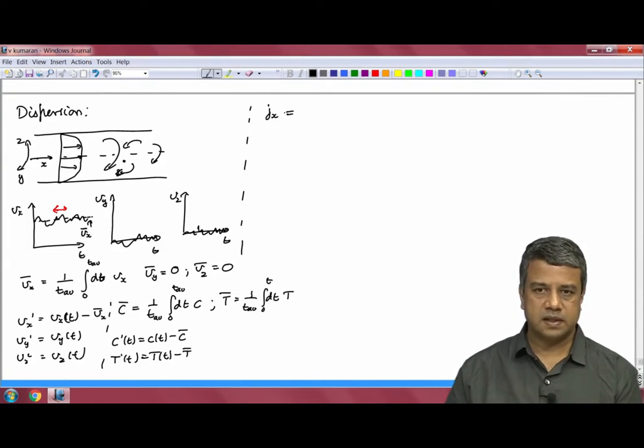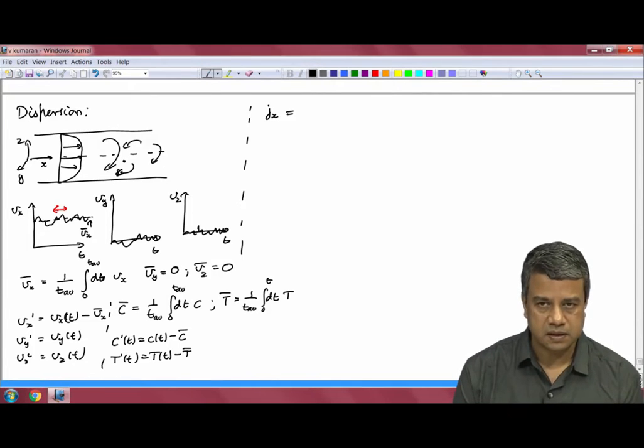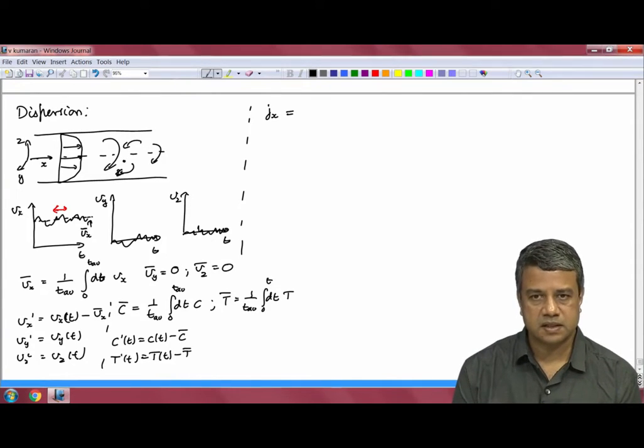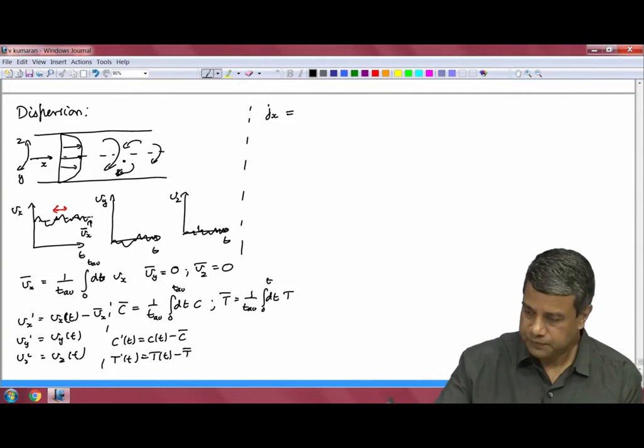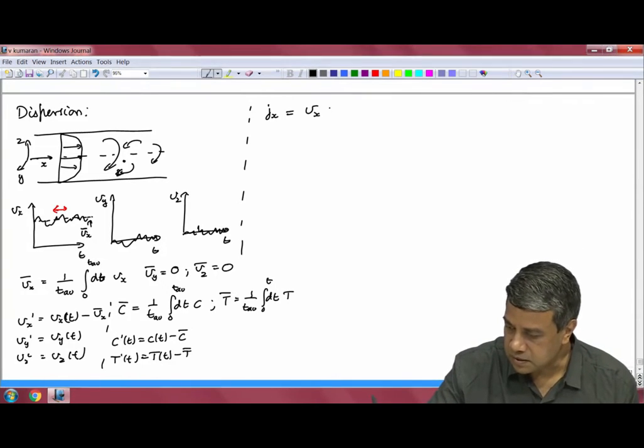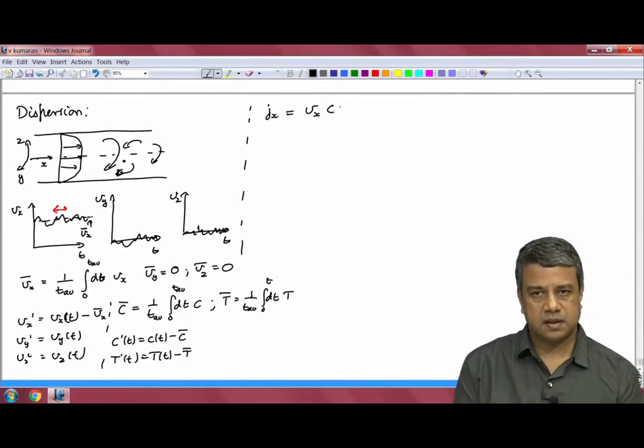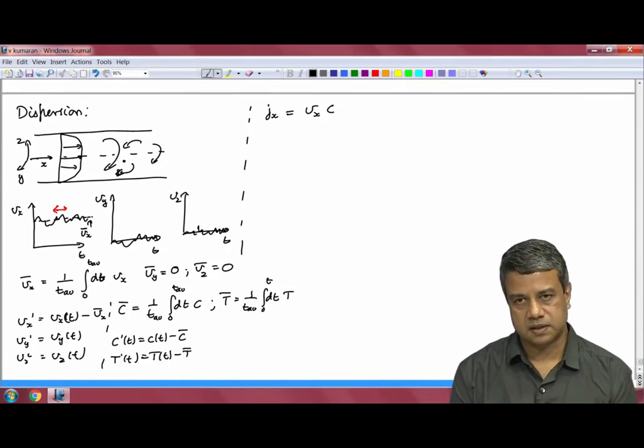The mass flux in the x direction is equal to the normal velocity, that is the velocity in the x direction, times the concentration, which is Vx into C at that location, the product of the velocity and the concentration.